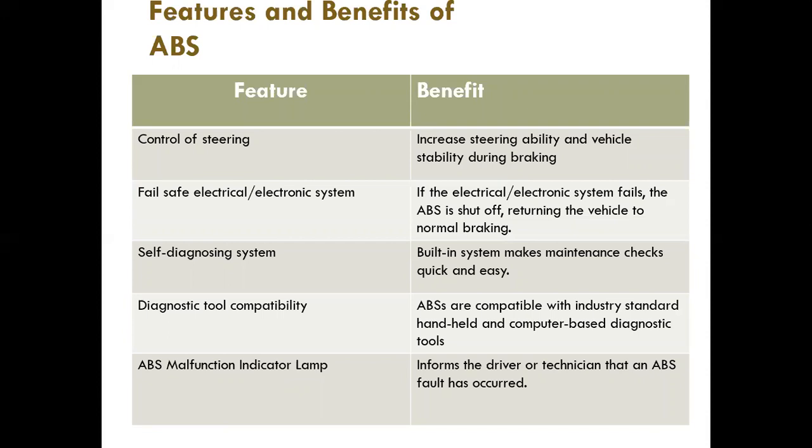So it will automatically apply the brake at a particular speed. If the wheel speed goes very high, it will apply anti-lock brakes to the tires. This is mainly used to reduce accidents on the roads.